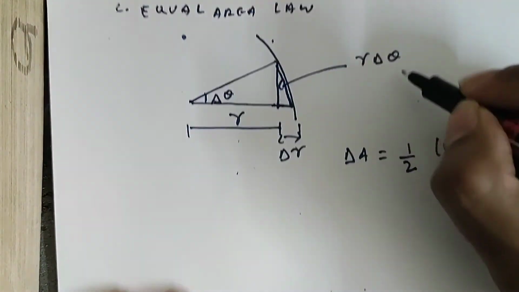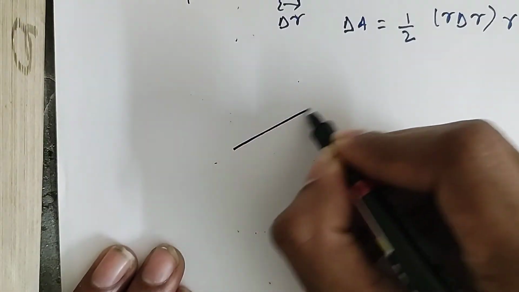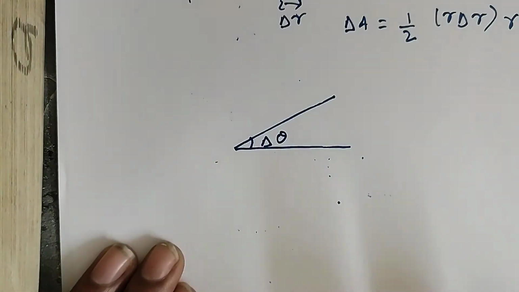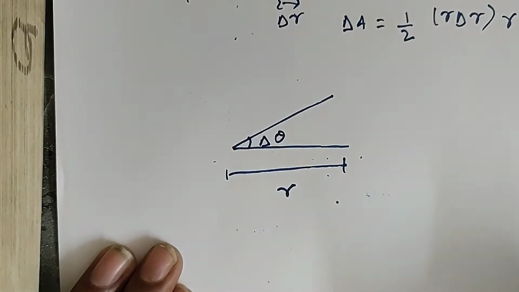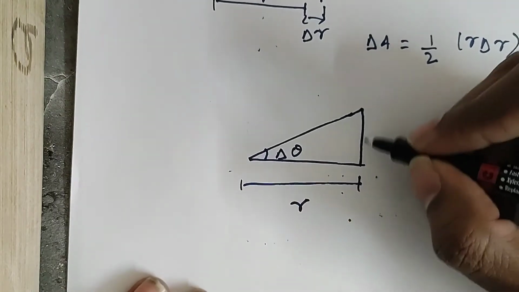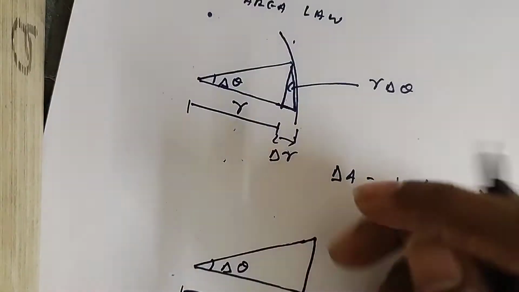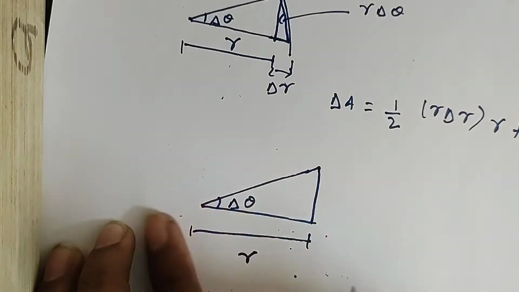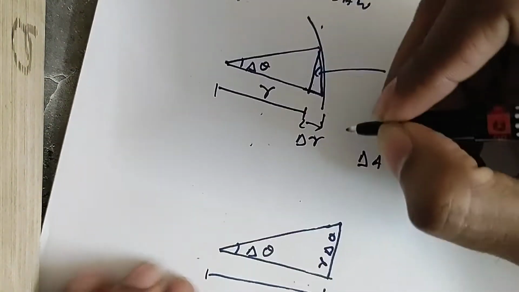Let me tell you what I've done. See, this is the small angle that it takes, and this is my r. Now this distance from here to here will be the length, which is r delta theta.